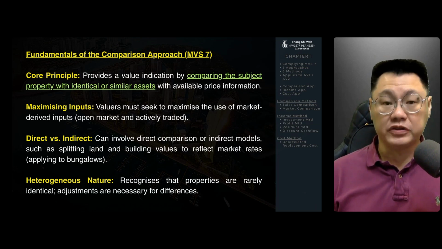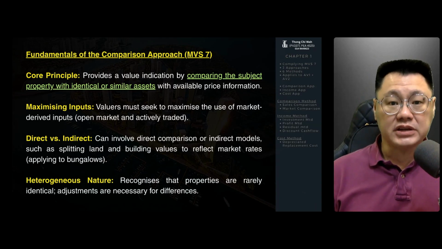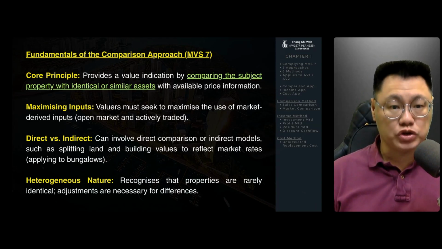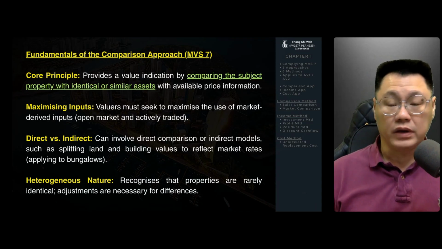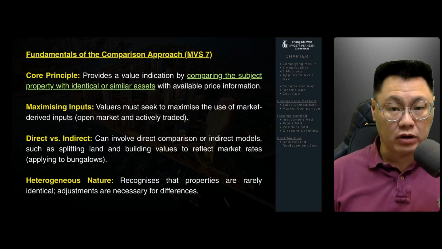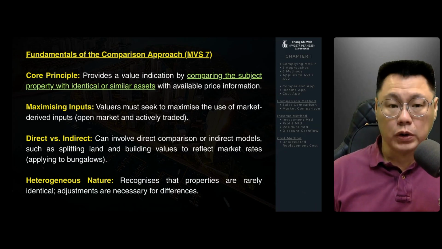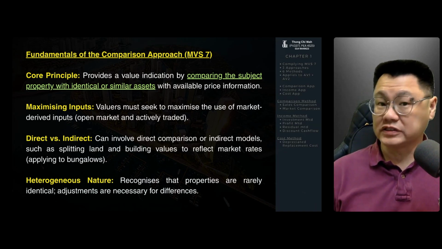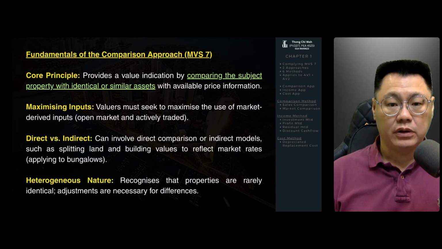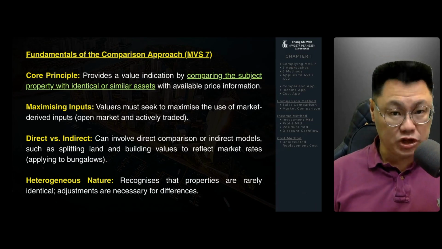First, the core principle. The comparison method, or comparison approach, provides a value indication as instructed by your client by comparing the subject property that belongs to your client with identical or similar assets with available price information.